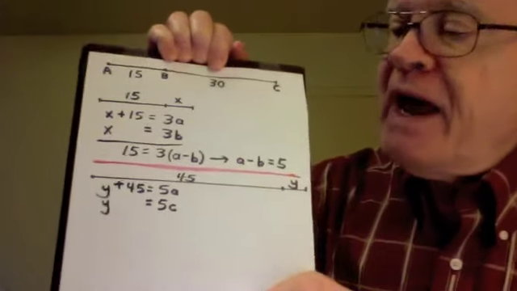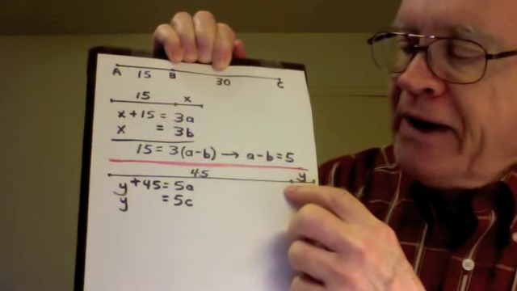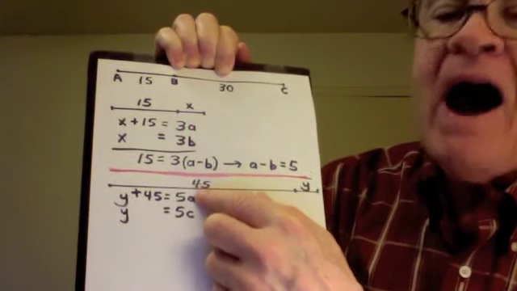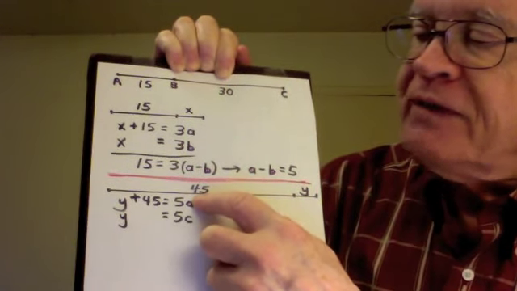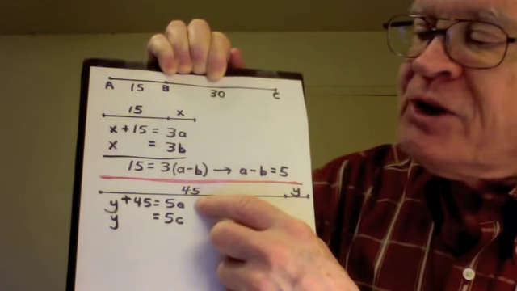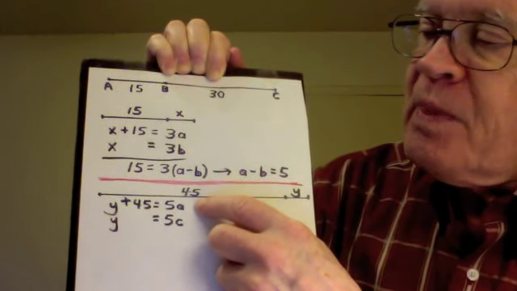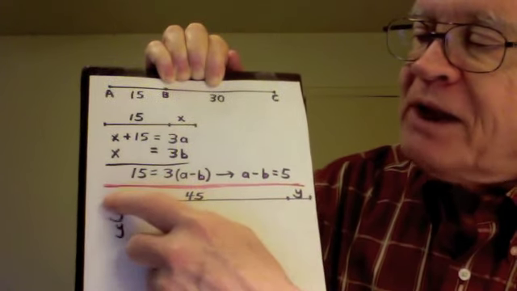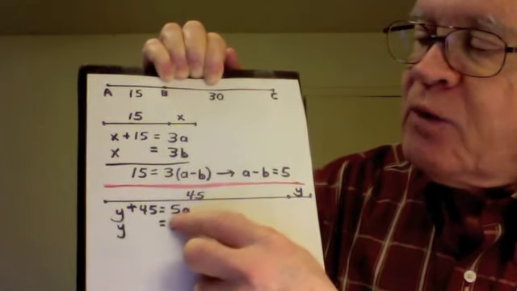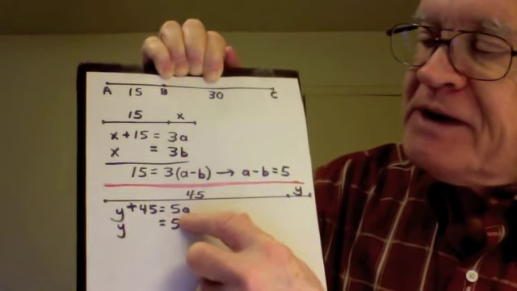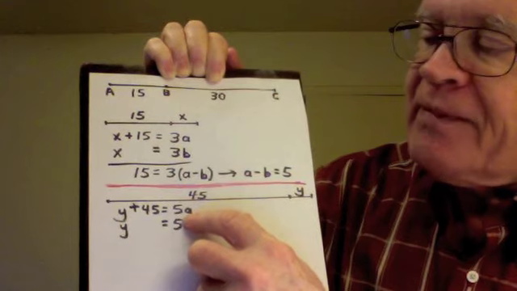So as we've said, Carla had an initial head start over Alice of 45 units of length. So we have this equation concerning Alice, distance equals rate times time, y plus 45 equals the number of seconds, 5, times Alice's rate a.